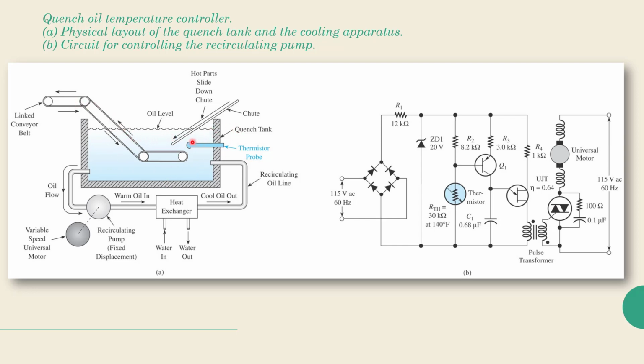Now, obviously, as this happens, this oil is going to get hotter and hotter, so that the piece goes in and stays in here for a certain amount of time. It's not going to be as cooled because the previous piece has heated up this oil. So the way that I fix that is that I circulate this oil through basically a radiator.